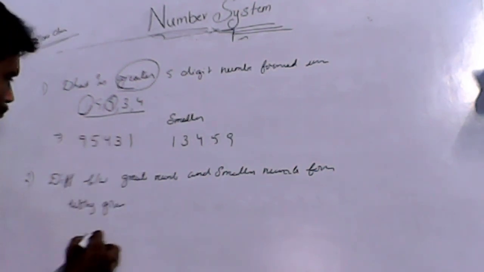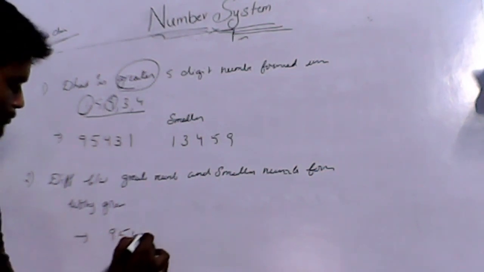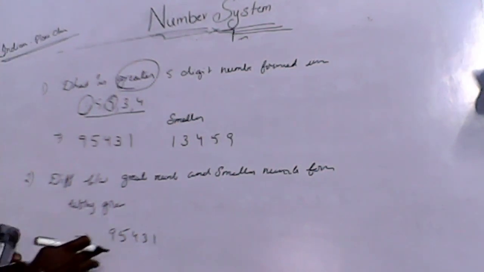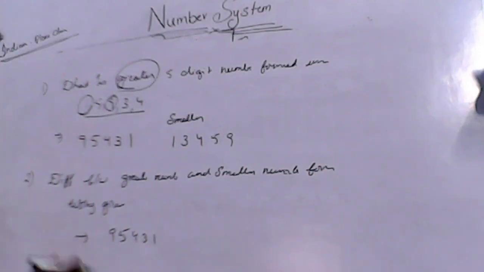So the greatest number is formed by placing the greatest digits in the leftmost side, and the smallest number is formed by placing the smallest digits in the leftmost side.